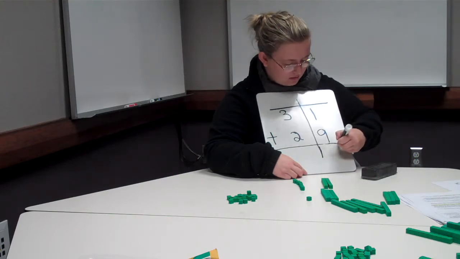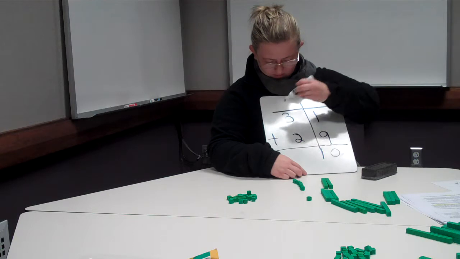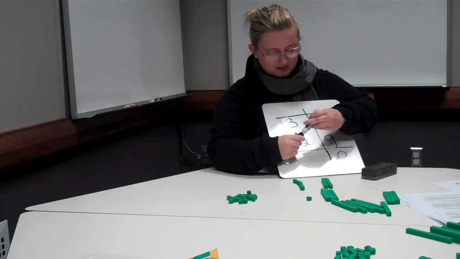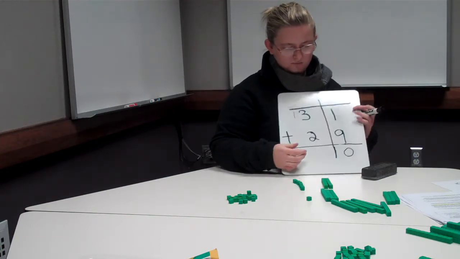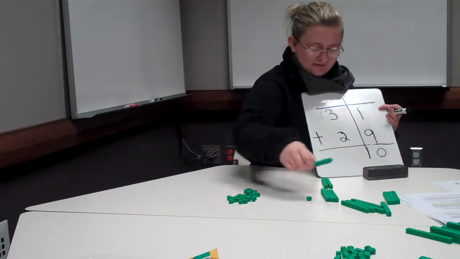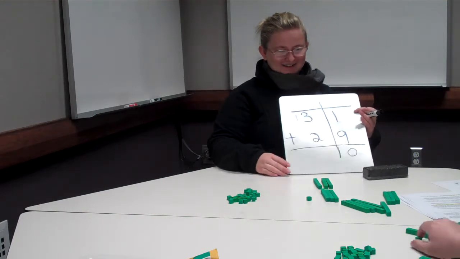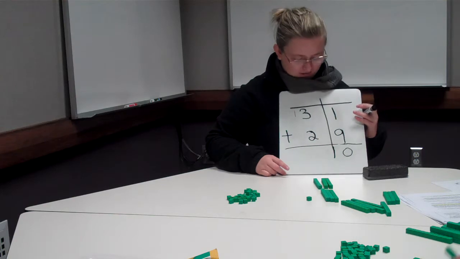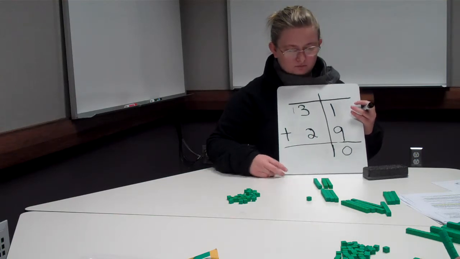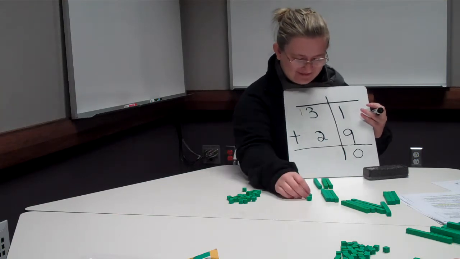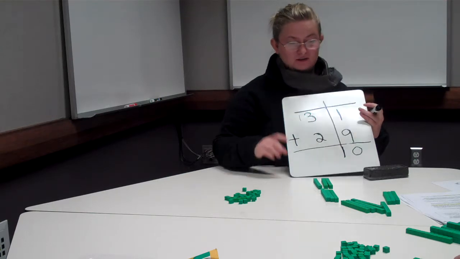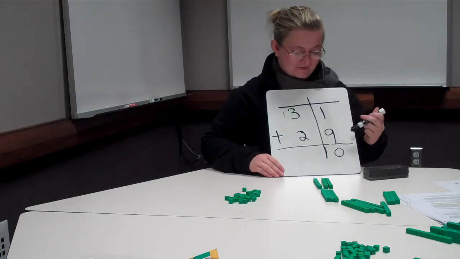You carry it over to the 10 so we don't forget it. So we're going to have to add a 10 over. You should have 0 in the ones because you moved the 10 over.